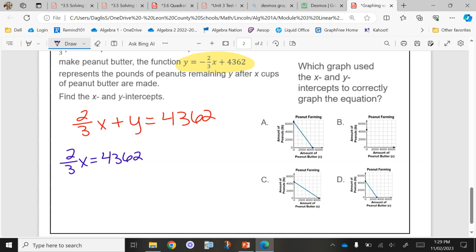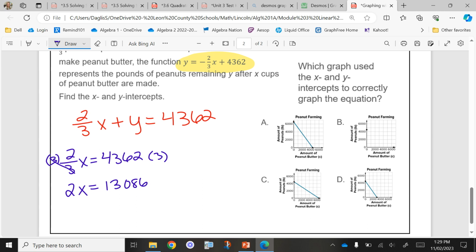All right. What are fractions? 2 over 3 is 2 divided by 3, right? So to undo that dividing by 3, what do we have to do? Multiply by 3. So let's multiply by 3. Someone help me with the calculator. What is 4,362 times 3? Yep. Okay.